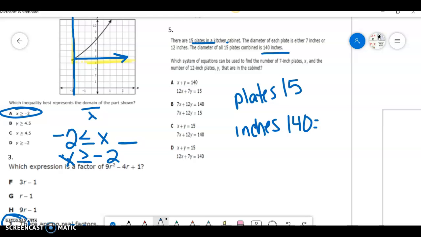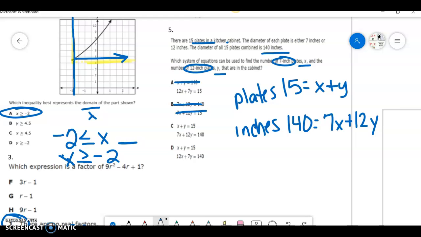Well, the type of plates I have are going to be X and Y. Then you can take this 7 inches and this 12 inches. Those are inches in themselves. So 7 times the number of plates plus 12 times the number of plates. So when you choose these, look carefully. So I know it's not this one. This one has 7 and 12 on both.